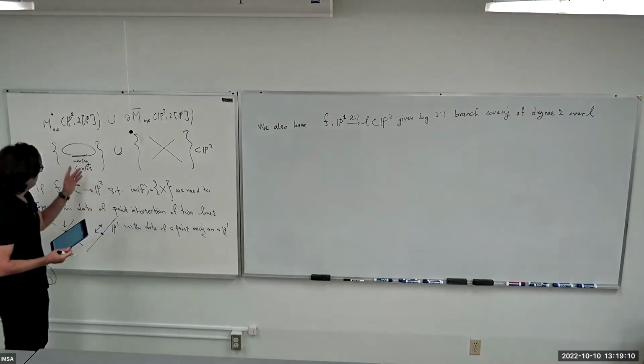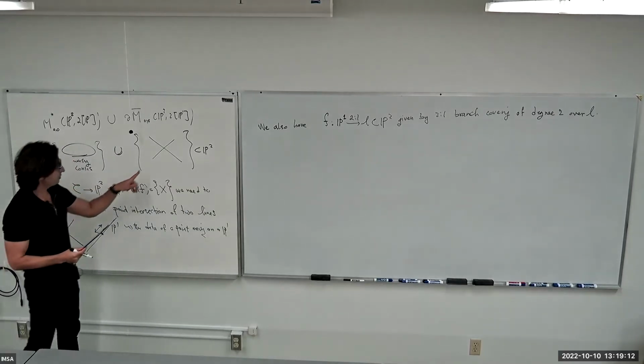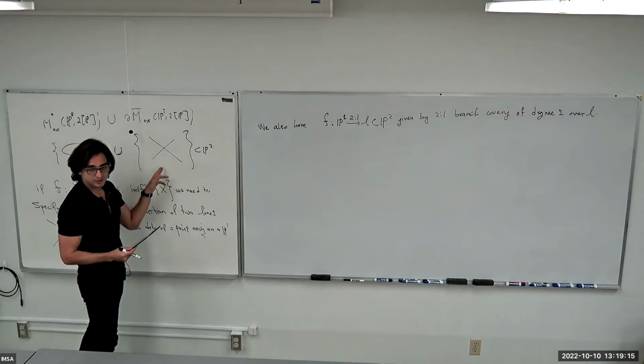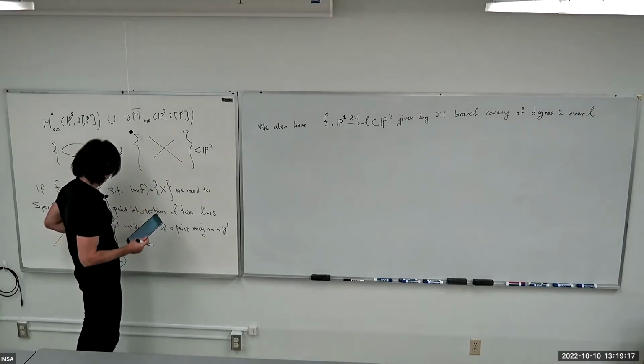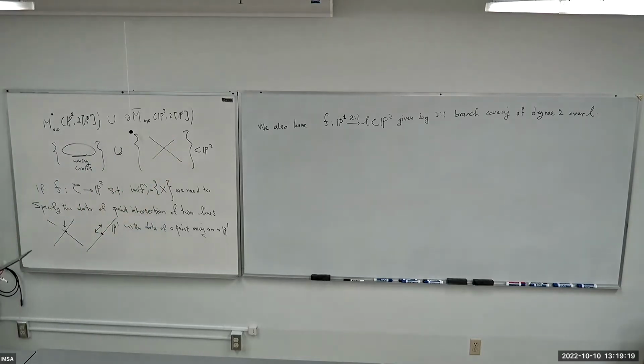If these are the non-singular conics, to identify these things, the possibilities are the location of the point of intersection, so that's a P1 worth of choices. How about that one?